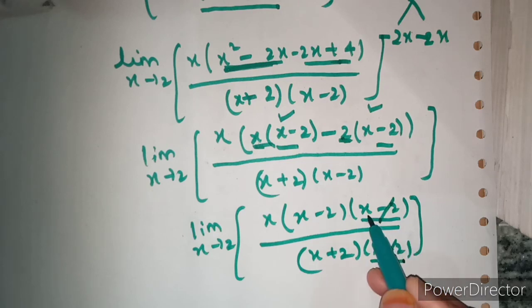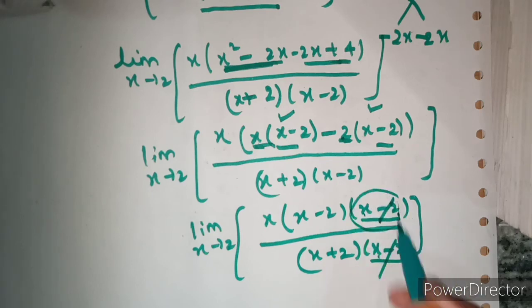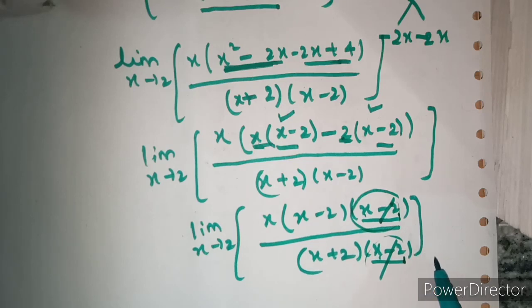Put 2 here, 2 minus 2 is 0, 2 minus 2 is 0. Because of these two factors we are getting 0 by 0 as the answer. So what we are doing, we are rewriting the function and cancelling the factors because of which we are getting 0 by 0 as the answer. We have to rewrite the function and cancel the factors which are responsible for 0 by 0 form.